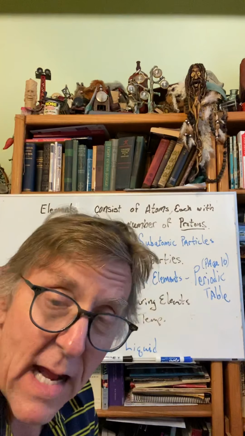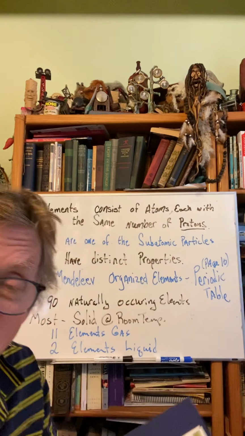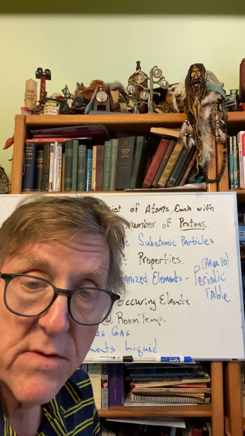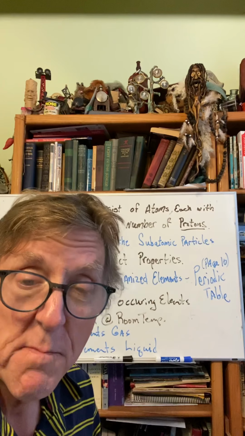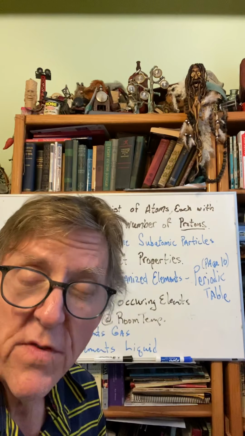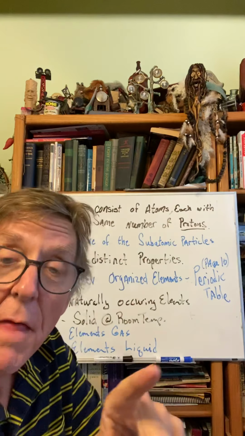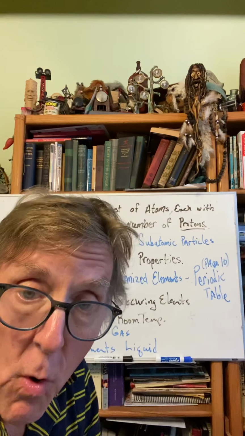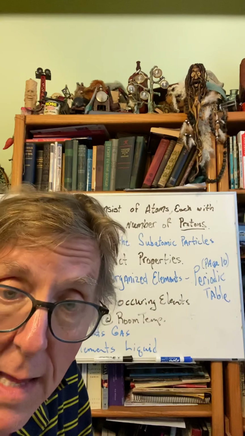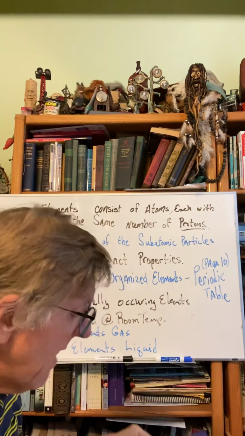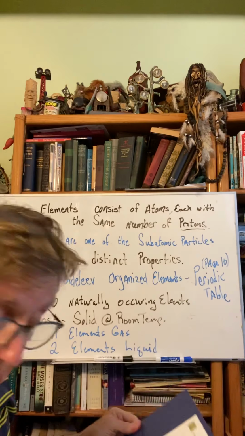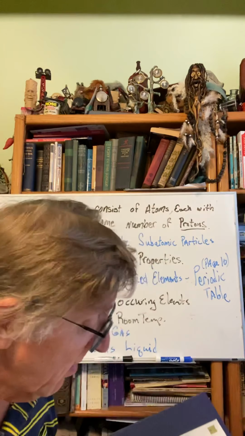When you look at it, you'll see it's made up of a whole lot of squares, and in each one of those squares there is a one or two letter abbreviation that stands for each of these different elements. We're looking at the pretty colors of the periodic table.